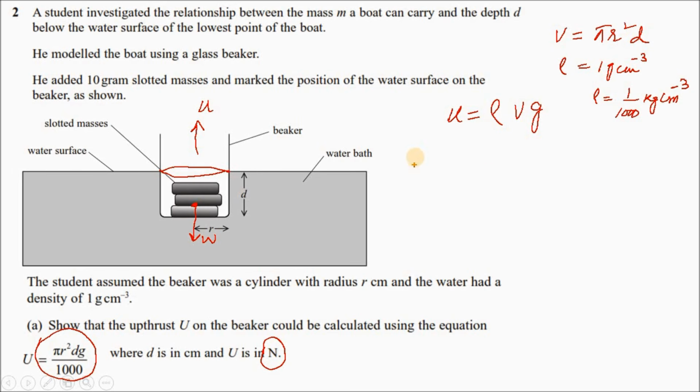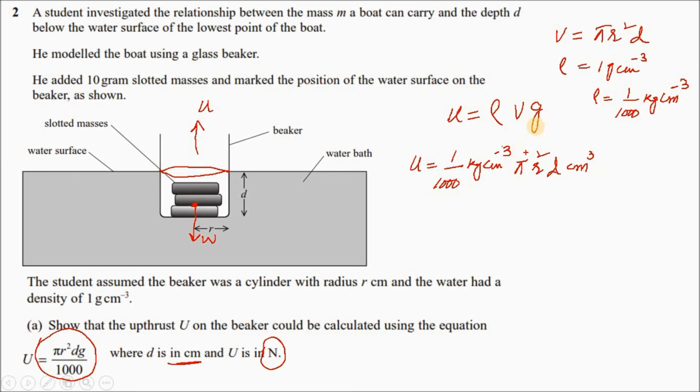So U is equal to rho, which is 1 upon 1000 kilogram centimeter minus 3. V is the volume, which is pi r square d, because they are saying d is in centimeter, so we will be taking the volume of the cylinder as centimeter cube.